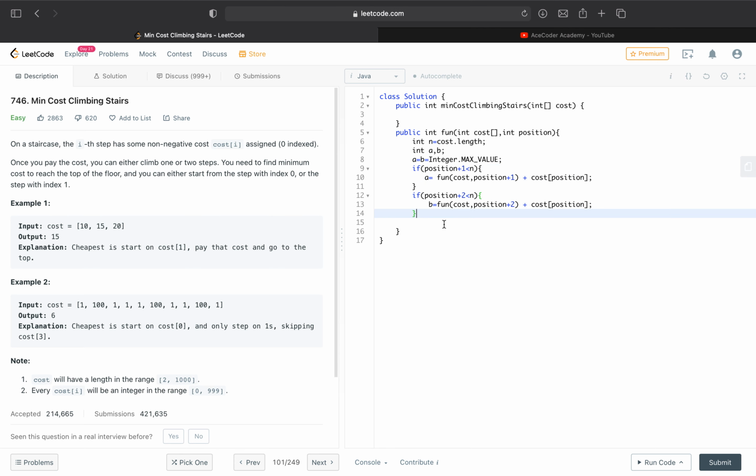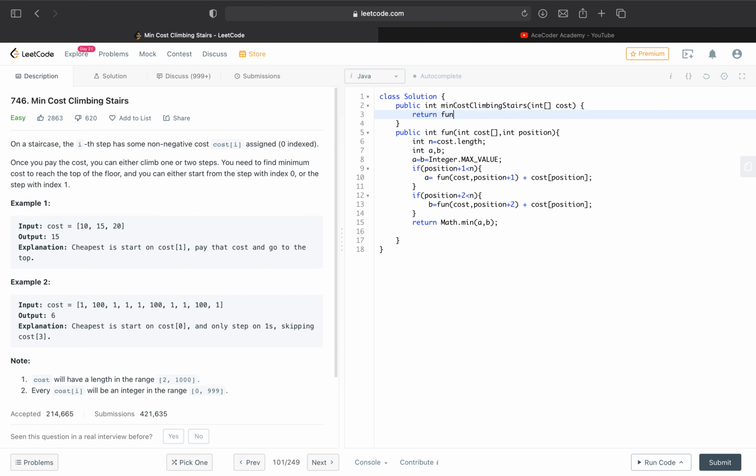Now we can just return the minimum of a and b. Why the minimum? Because we require the minimum cost. So that is it.